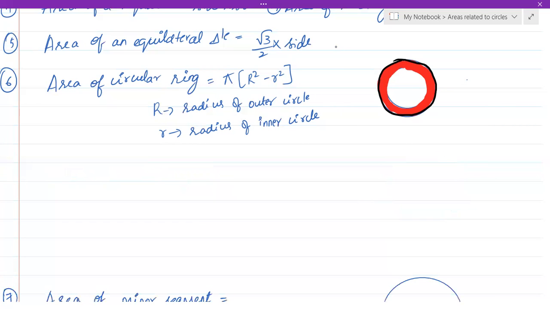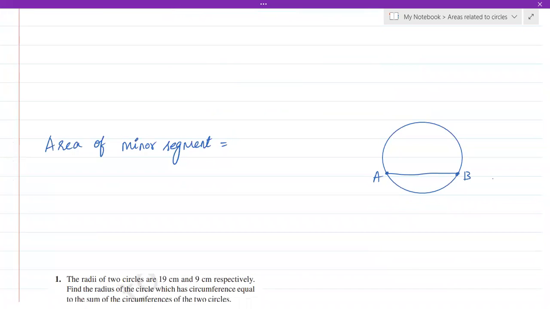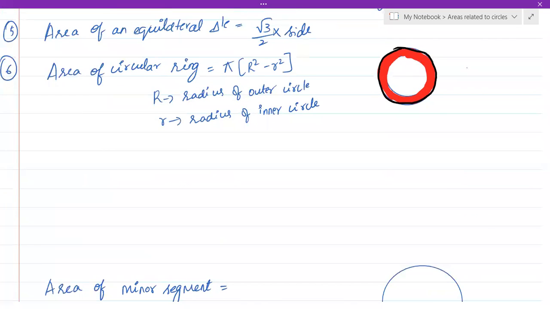That will be perfect. Let me erase this. Let's come to segment later. First, let's understand area of sector. Then we'll do it. So area of sector. So, seventh one.